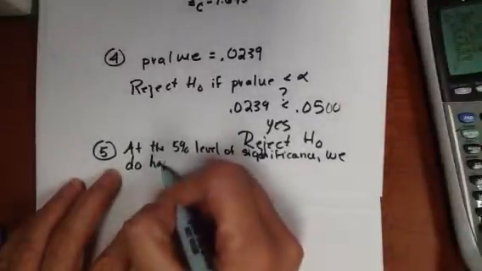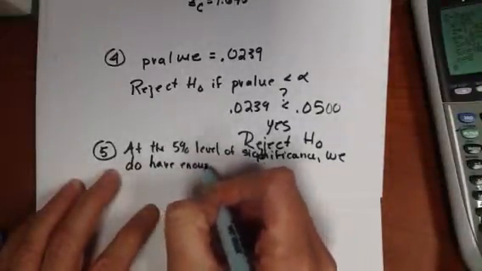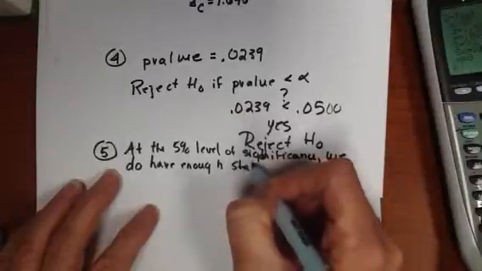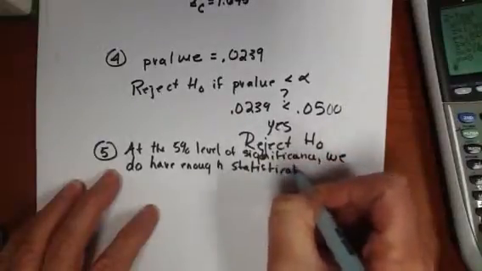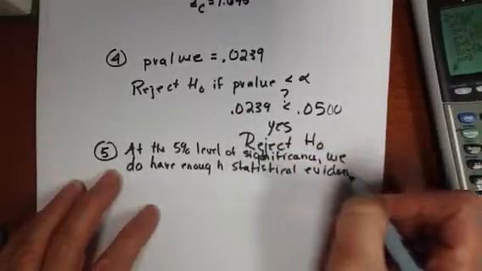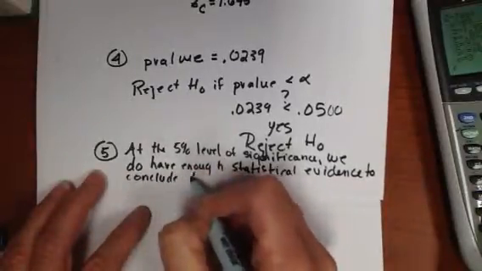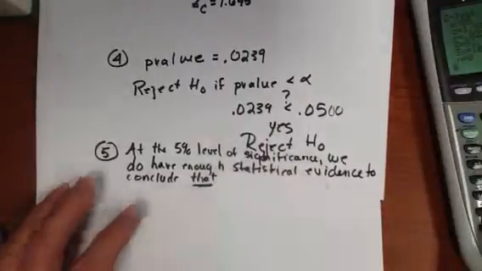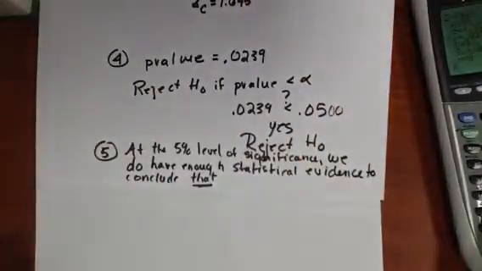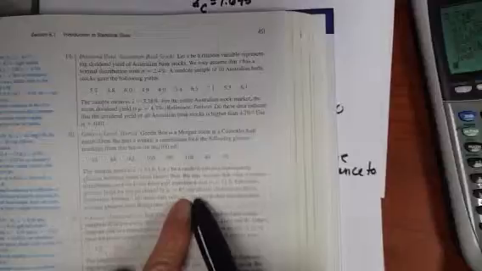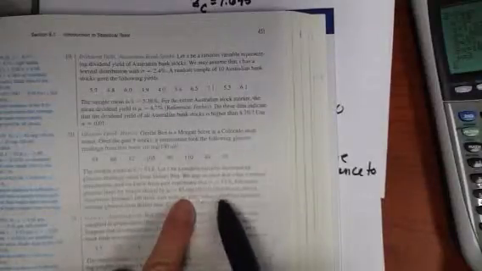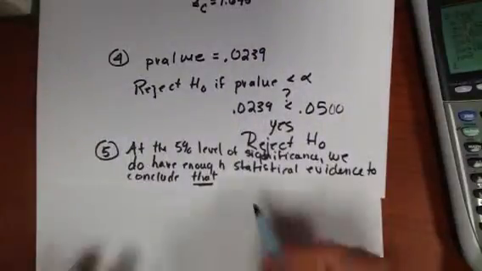Here we do have enough statistical evidence to conclude that, remember that's kind of like your keyword there, and then we state the alternative. We have to put it in terms of the problem, and the problem said, do these data indicate that Gentle Ben has an overall average glucose level higher than 85.